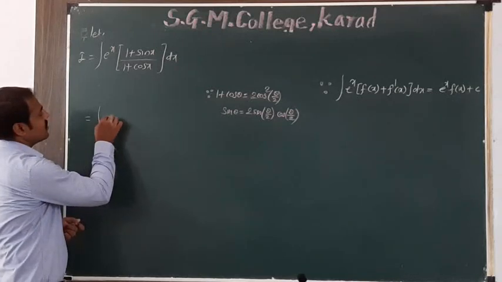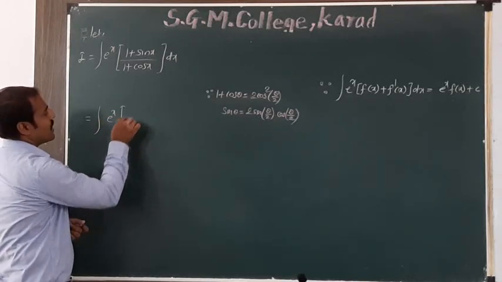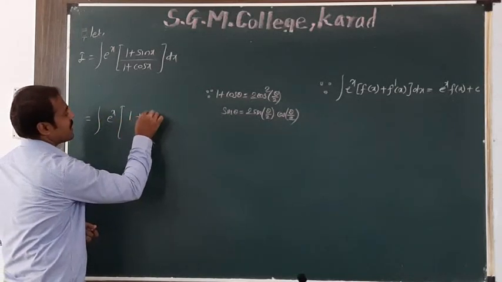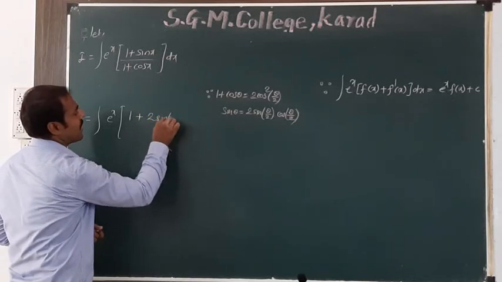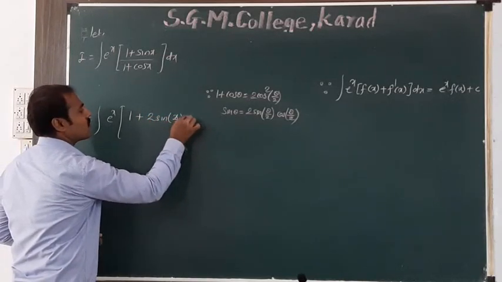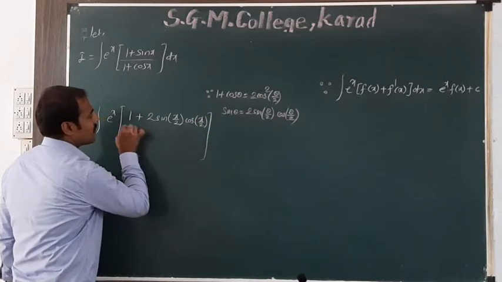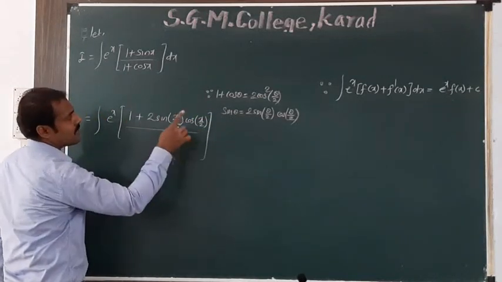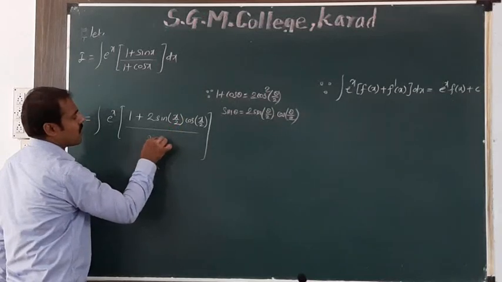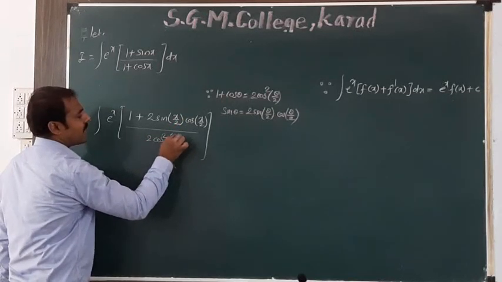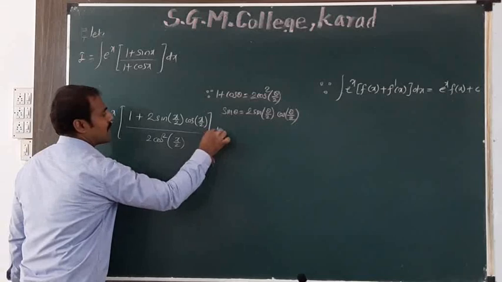Which is equal to e raised to x into 1 as it is, plus sin x written as 2 sin x by 2 into cos x by 2, divided by 1 plus cos x written as 2 cos square of half the angle, that is x by 2, dx.